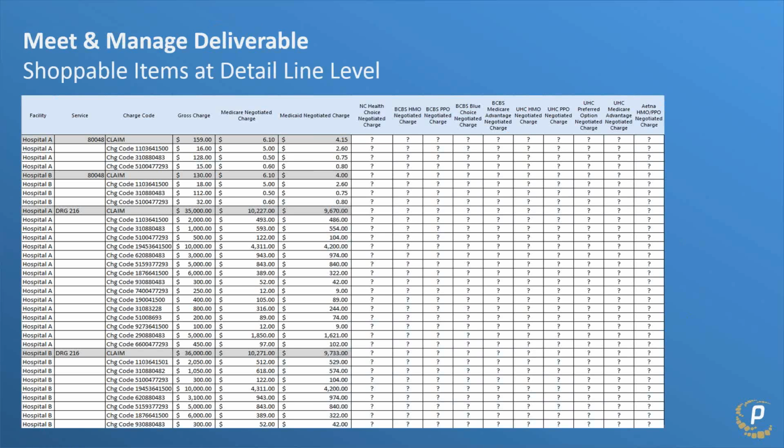Now, from an example standpoint, we again envision it being hospital specific. So if you're a multi-facility organization, you're going to need to list each facility, the corresponding service. Here we have a procedure code that would have billed out as a claim. You're going to have the gross charge, and underneath each ideal claim or scenario, you'll have the detailed charge that needs to be listed.